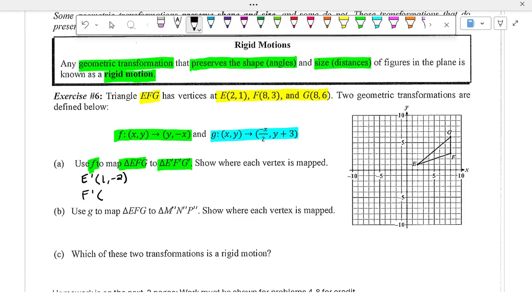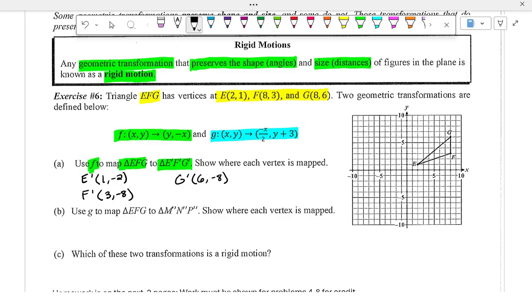F prime, what do we get? 3, -8. Good. Flip them, change the sign of the X. And by X, I mean the original X. G prime, what do we get? 6, -8. Good. Take a minute, graph that on your new graph.